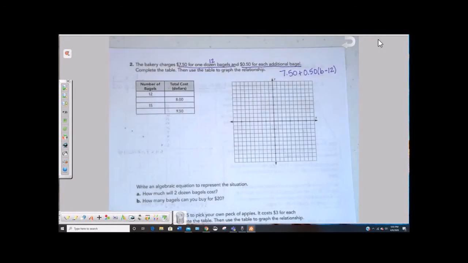A dozen is 12 bagels. So when it says 50 cents for each additional bagel, it's not 50 cents for each bagel. So you want to make sure you take out that dozen before you just say B.